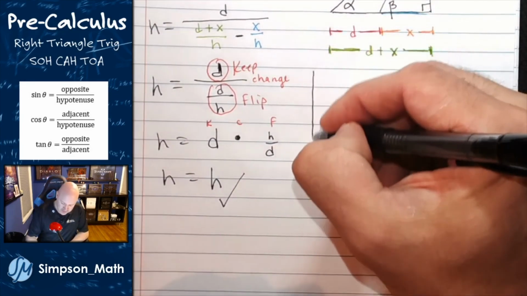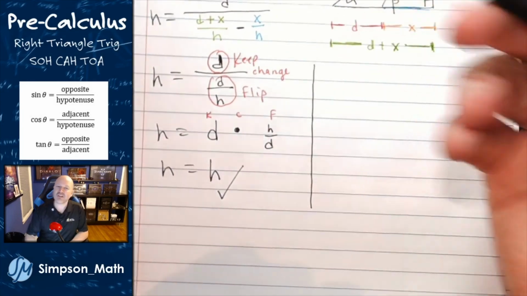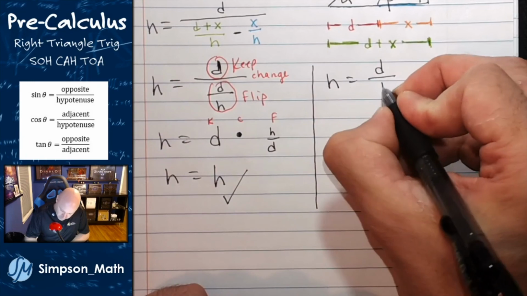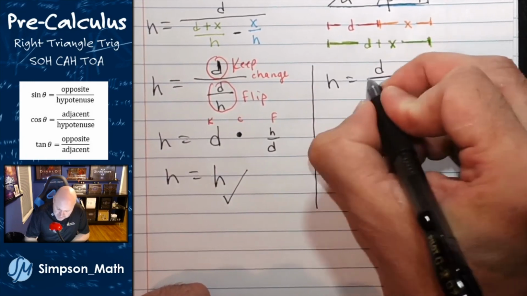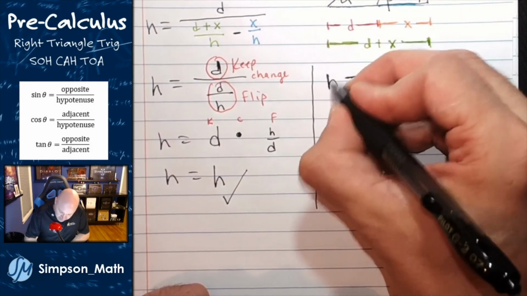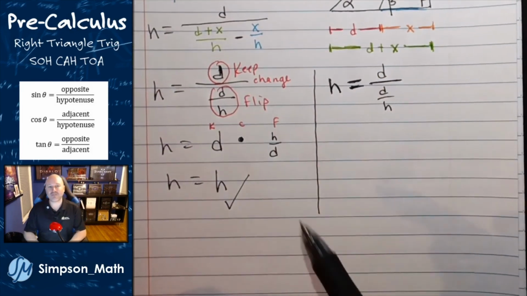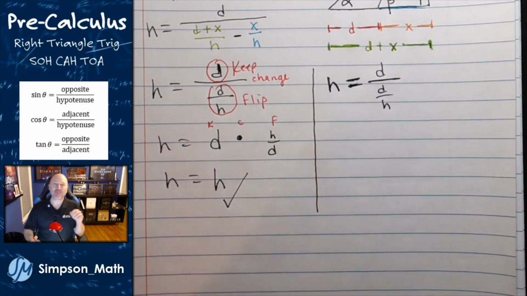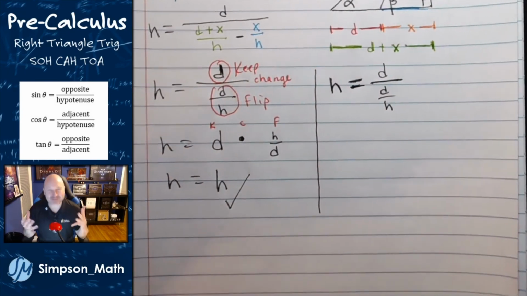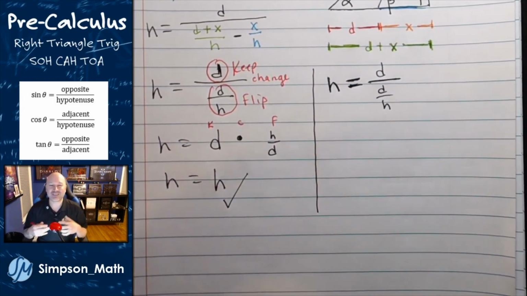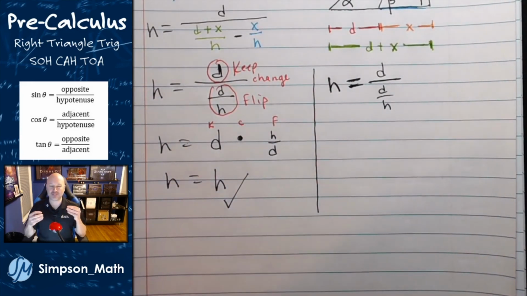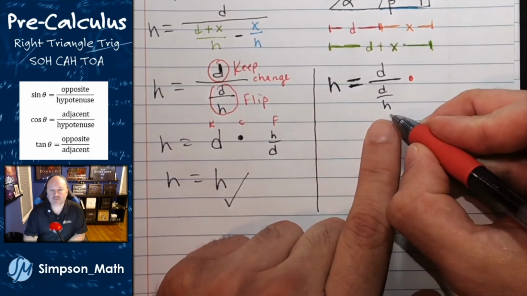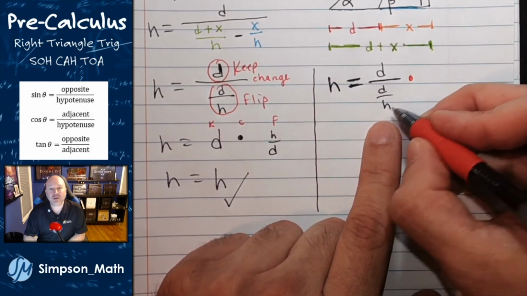For those of you who wanted to multiply by h over h, let's just do that real quick. Because the keep, change, flip is cute and fun and all, but I don't know if I would call that real math. So it's just kind of a cute way to remember how to divide by fractions. So I would say mathematically, the way we're supposed to do this is we want to eliminate the denominator.